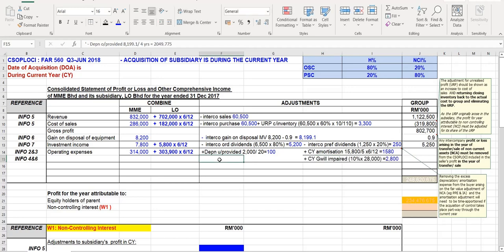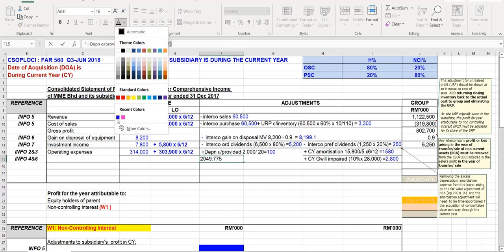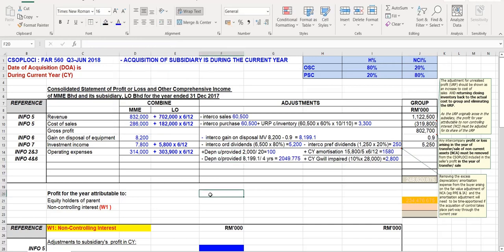Then there's another one here that was relating to the gain, intercompany gain on disposal that you have identified earlier here. You need to also do adjustment for the over provision of depreciation. We have earlier calculated that in our first video, and the amount was 2049.775.